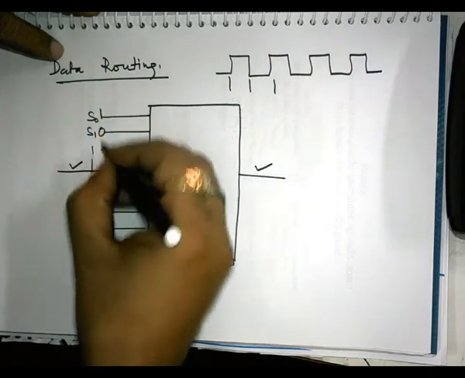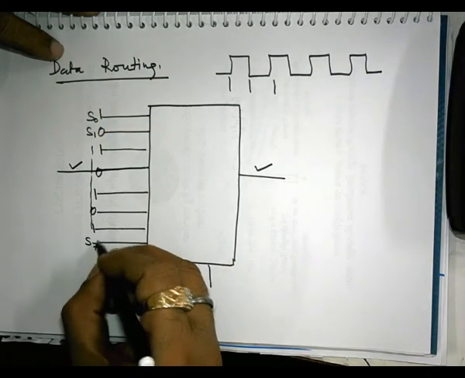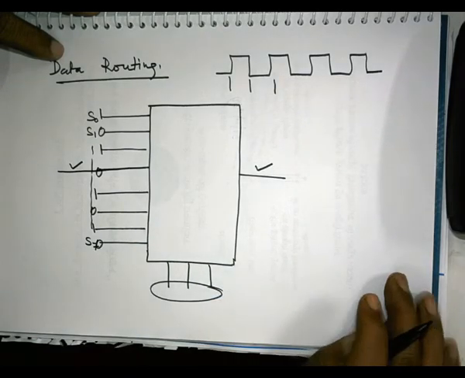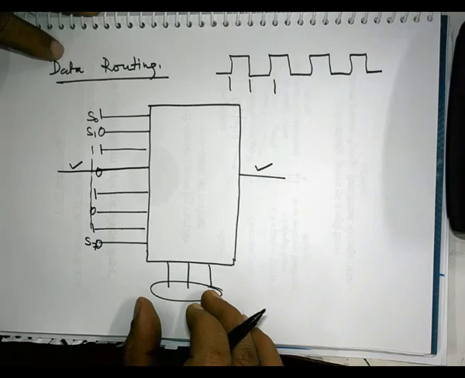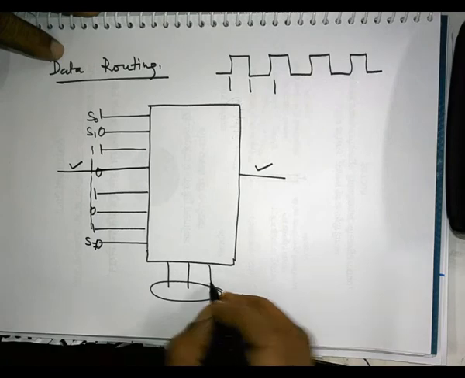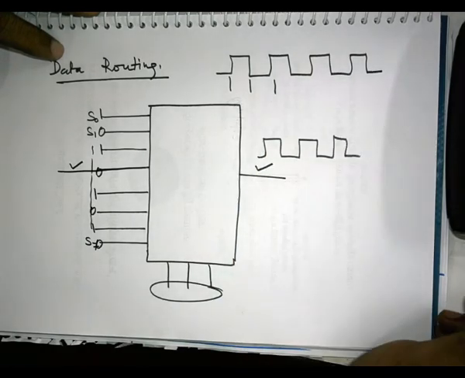I will apply 1 over here, 0 over here, 1 over here, 0 over here, alternatively 1 and 0. And then I will apply a counter of certain frequency over here. So as this counting progresses, 1 and 0 appear over this line.